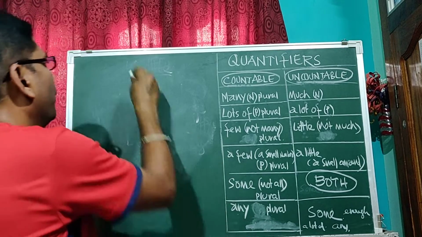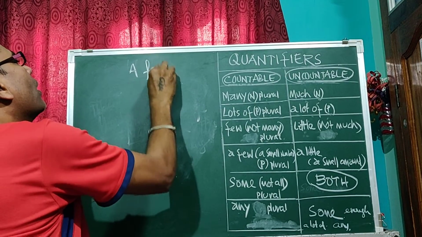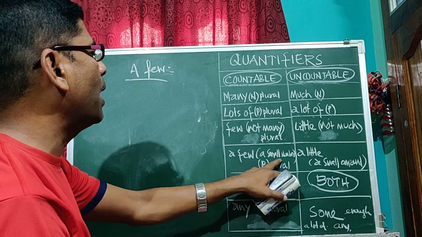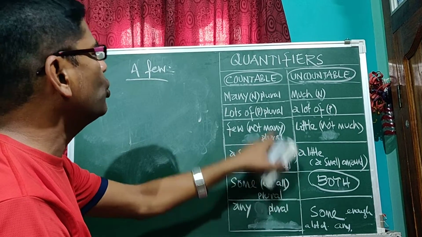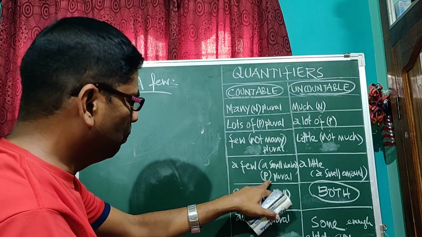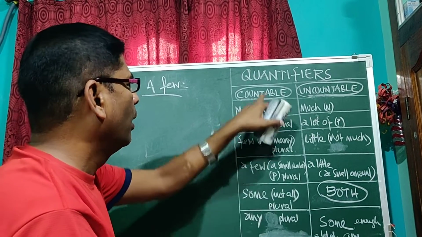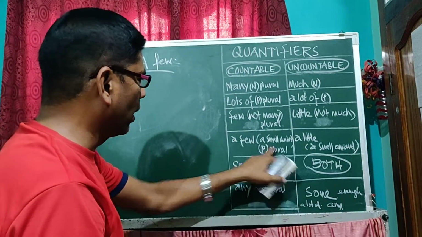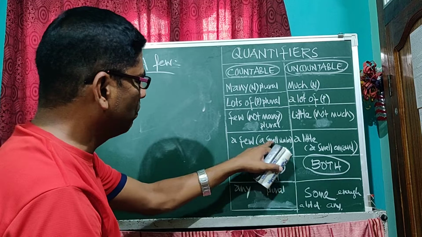A few. A few means a small number and it can be used for countable, positive, plural. A few, which means a small number.